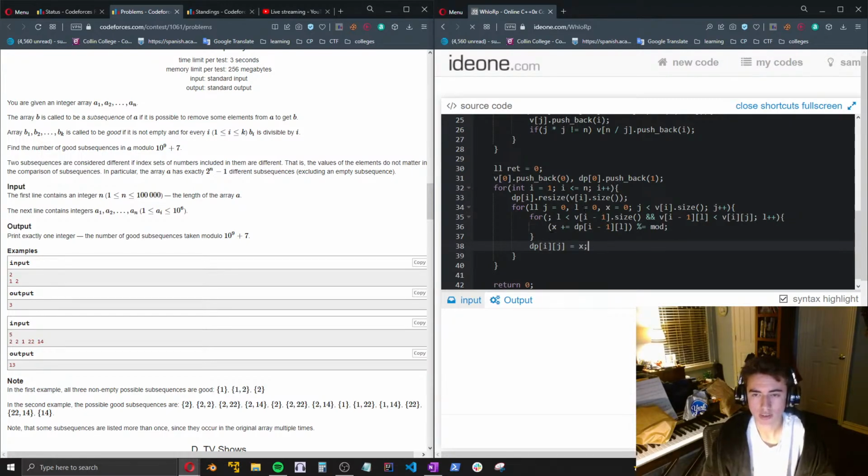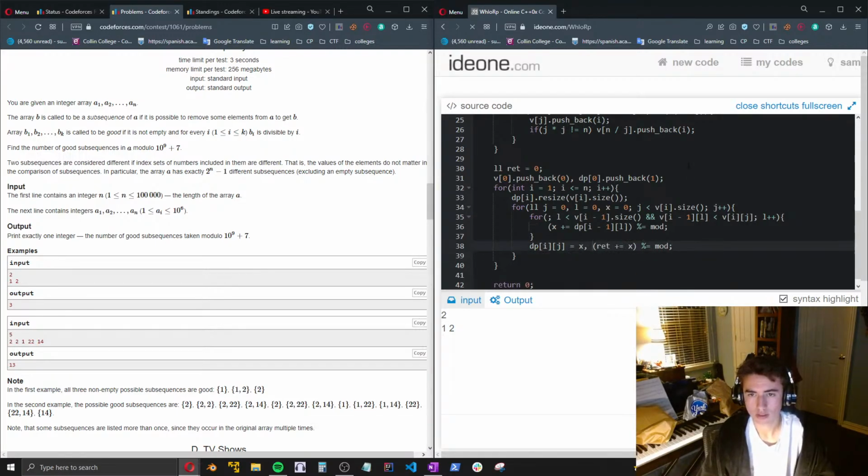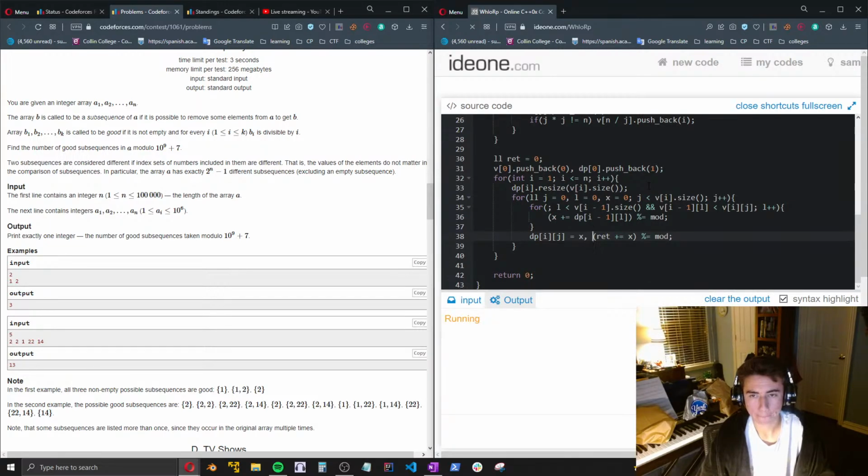Do we need the x value? That makes it easier. Alright, sure. Now, oh yeah, and then we have to do plus equals x. Oops, I forgot to print out the result.